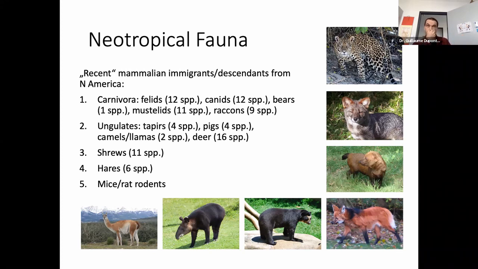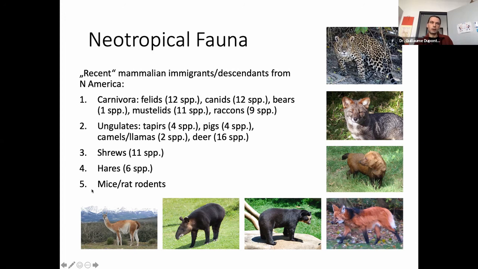You see here a list of species which occur in South America, and they all descend from ancestors which invaded this region during the Great American Interchange. So it was an asymmetric exchange. It was not proportional what happened in terms of immigration. And one of the reasons which is assumed, is not just the filter, but also that these species from North America could outcompete the species present in South America. Yeah.